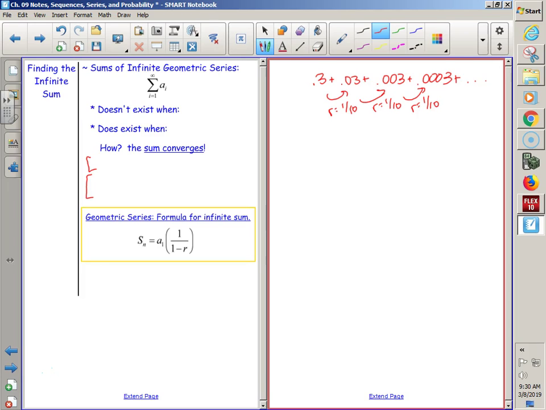Sam and I were having a discussion a few minutes ago about when r is bigger than 1 or r is less than 1. If r is a positive number bigger than 1, and it's multiplied, what's going to happen to all my terms? They're going to get bigger and bigger and bigger. And if you add bigger and bigger values, what's going to keep on happening to your sum? Bigger and bigger and bigger.